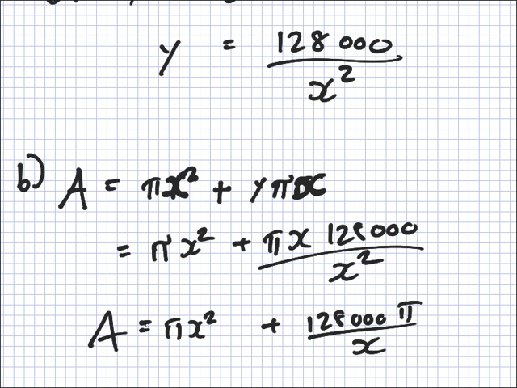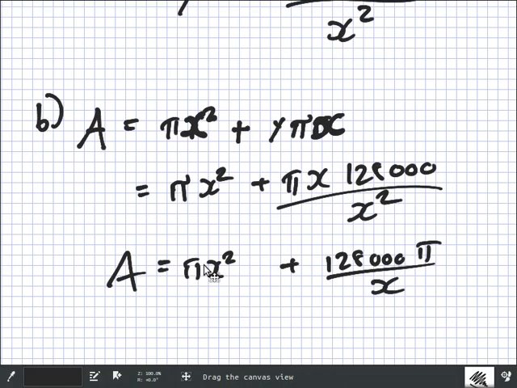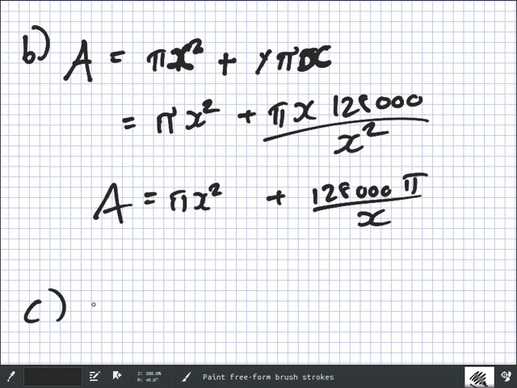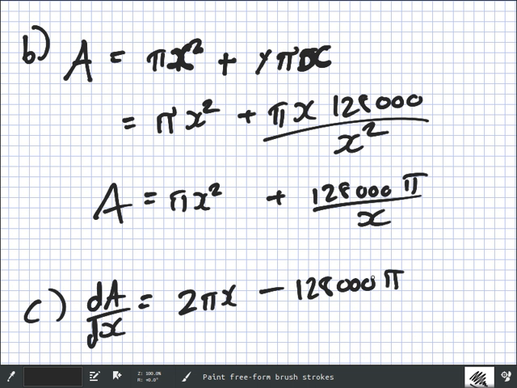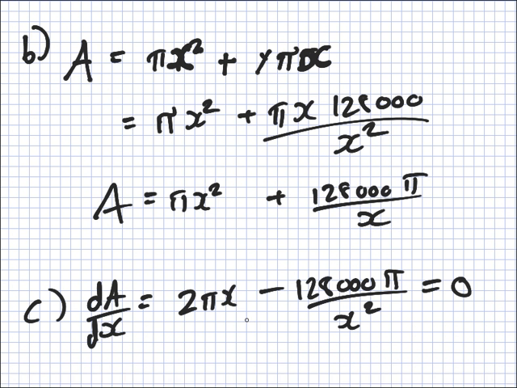Guys, can we continue? Please, no talking. C. dA dx equals 2 pi x minus 128,000 pi over x squared, and that should equal 0. Bring down the power, reduce the power by 1. So x to the minus 1 becomes minus x to the minus 2.